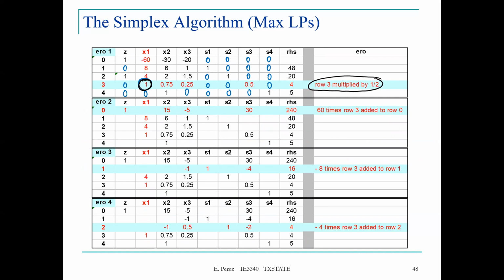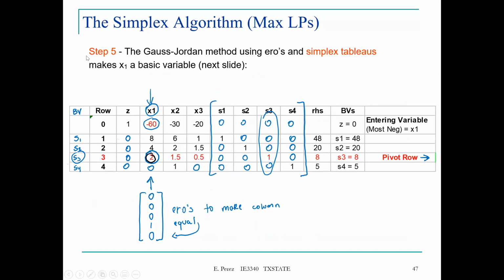Okay, so if we go back here, let me exit variables and make another column here to illustrate what's going on. So if you look at this line, these are my basic variables, Z, S1, S2, S3, and S4.